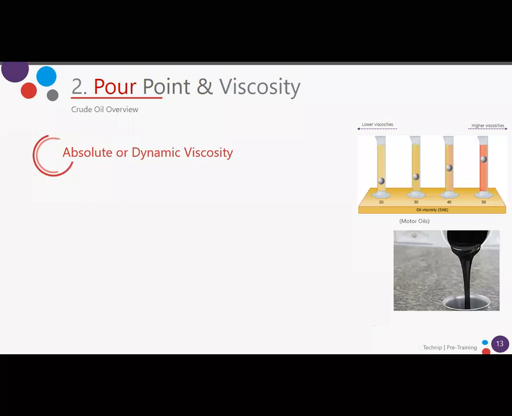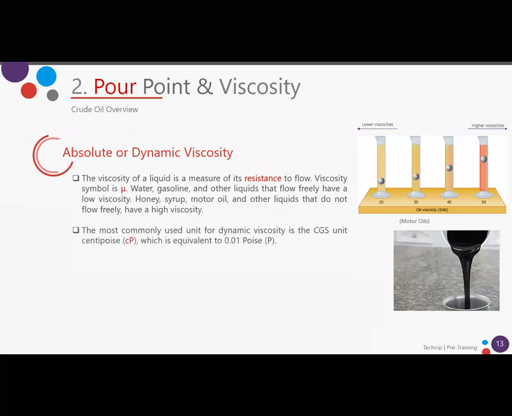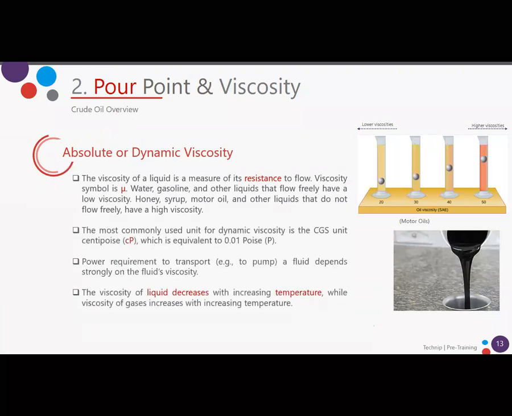Let's talk now about viscosity. The viscosity of a liquid is a measure of its resistance to flow. The viscosity symbol is mu. Water, gasoline, and other liquids that flow freely have a low viscosity.